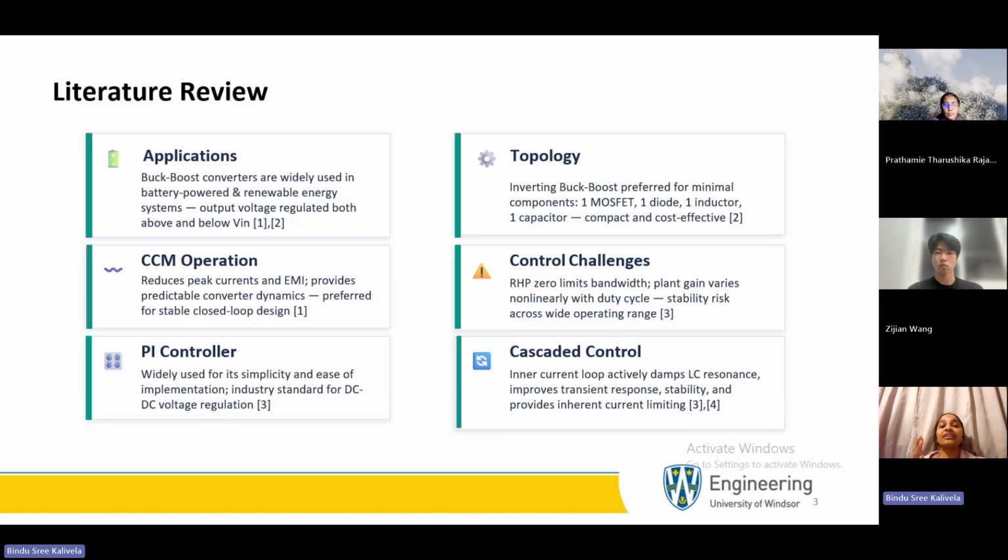Third, operating the converter in continuous conduction mode is preferred because it reduces current ripple and improves stability. Finally, control of the converter is challenging because of nonlinear behavior, so controllers like PI controllers and cascade controllers are often used.